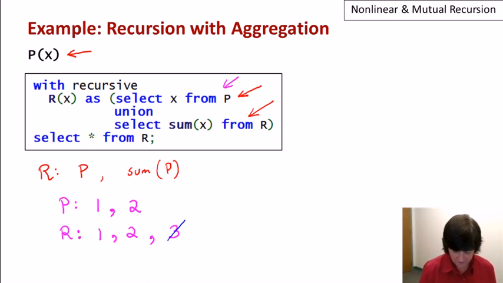So should we cross out the 3 and put 6 there? But then now the sum of R has become 6, 7, 8, 9, etc. You can see the problem. There's no good definition for what R should contain based on this recursion. And for that reason, actually, recursion with aggregation is disallowed in the SQL standard and isn't supported by any system.